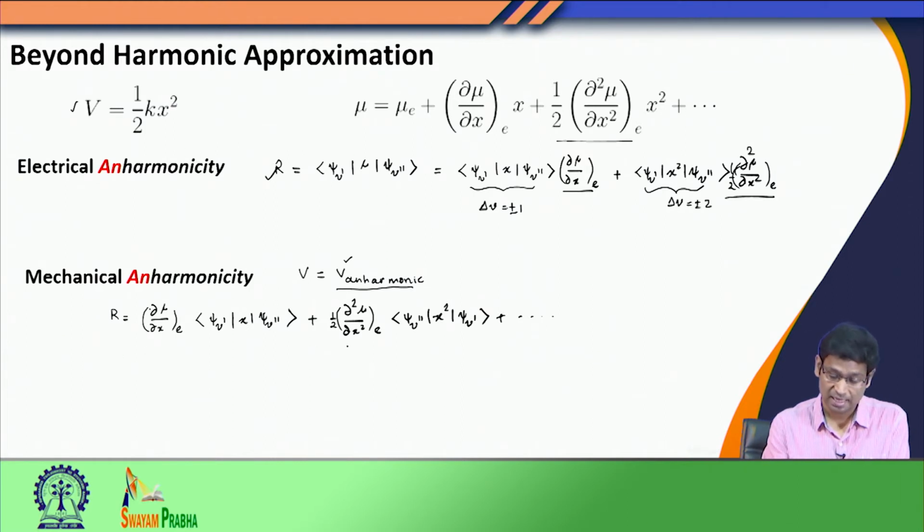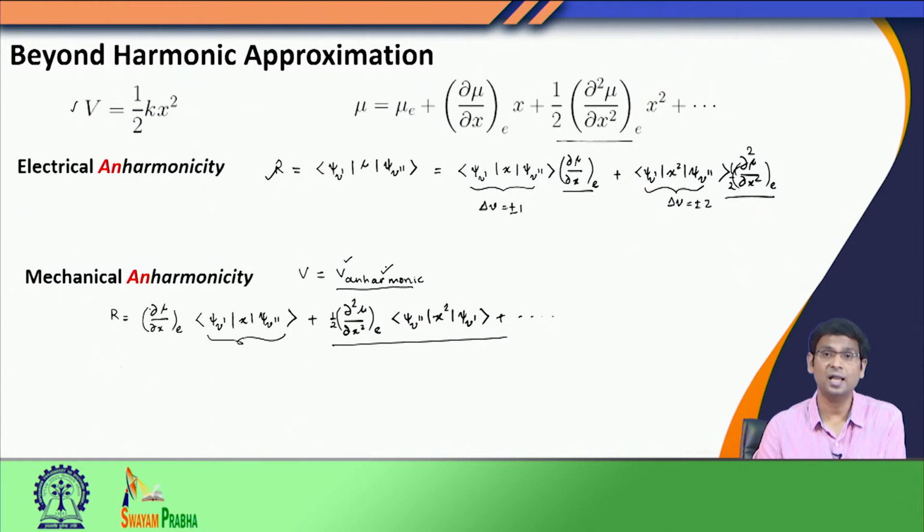So, in this case, even when I do not consider the higher order term, let us consider only the first order term, we see that in case of the harmonic oscillator this term became 0 when delta V was not equal to plus minus 1, but that was a property that we derived from Hermite polynomials, and Hermite polynomials are the eigenfunctions of the harmonic oscillator problem.